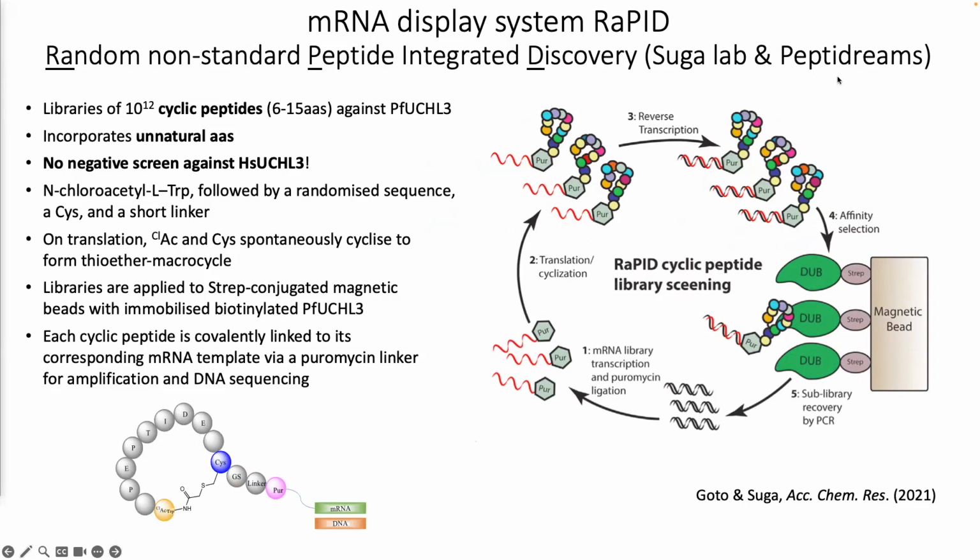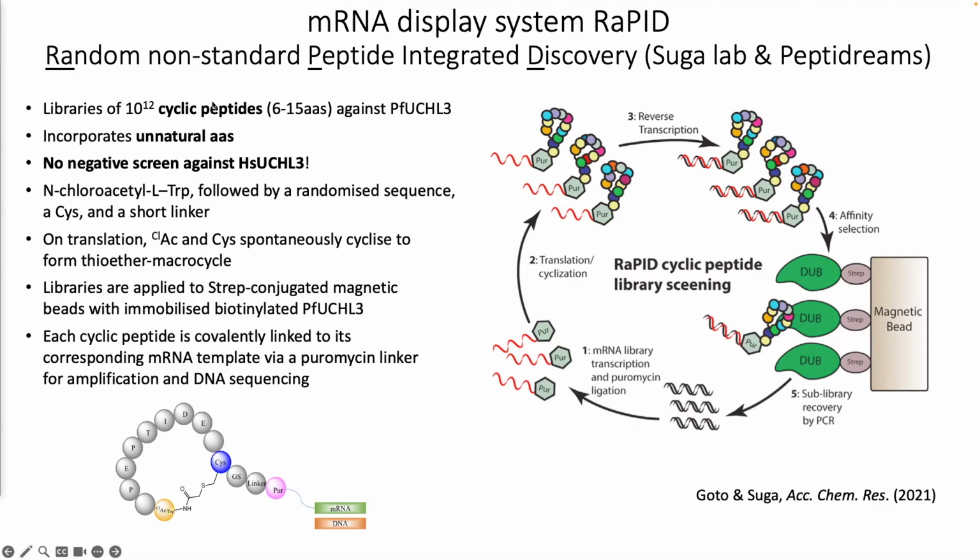And these libraries are composed of around 10 to the 12 cyclic peptides, each between 6 and 15 amino acids. They importantly can incorporate non-natural amino acids, and that gives them much greater chemical diversity. It also increases other properties such as resistance to proteases and cell permeability.